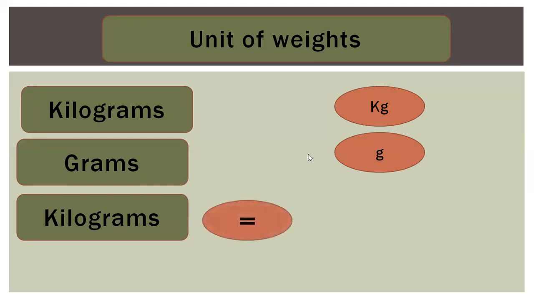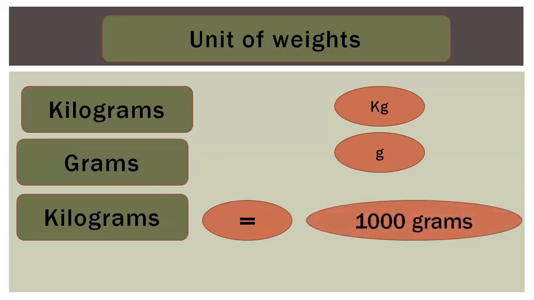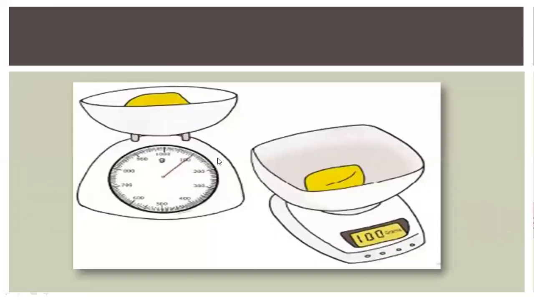So we can write kilograms in kg and grams in g. In 1 kilogram we have 1000 grams. 1000 grams make 1 kilogram.